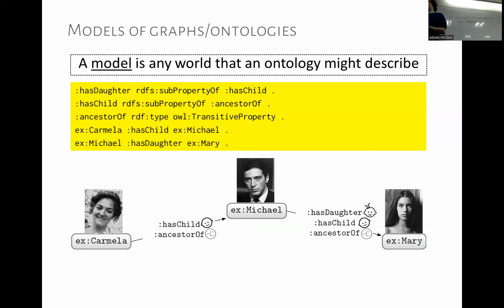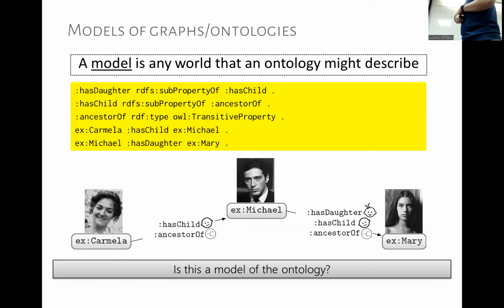If in the real world Carmela was not an ancestor of Mary, then there's something weird here, because we have Carmela ancestor of Michael, Michael ancestor of Mary, and we've said that ancestor of is transitive. So if it doesn't hold in the world that we're describing that Carmela is an ancestor of Mary, then there's something wrong here. This doesn't fit. It's not a model of our ontology.